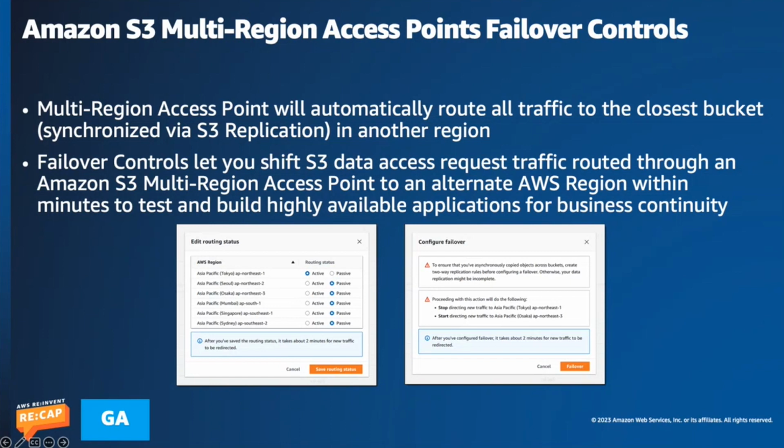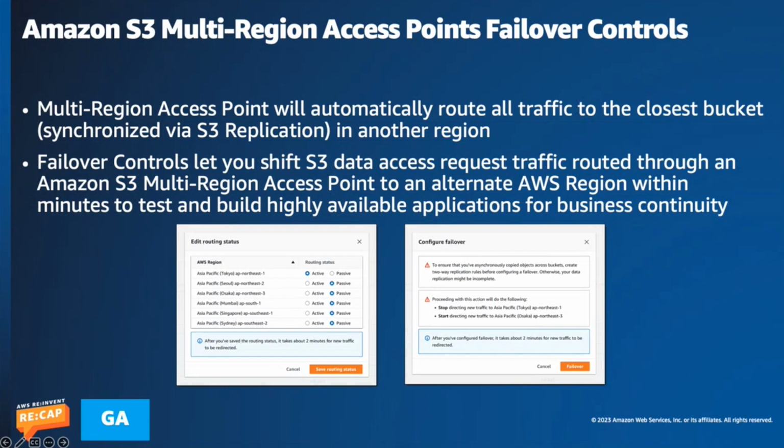These controls let users shift S3 data access request traffic through an Amazon S3 Multi-Region Access Point to an alternate AWS region within minutes, to test and build highly available applications for business continuity.